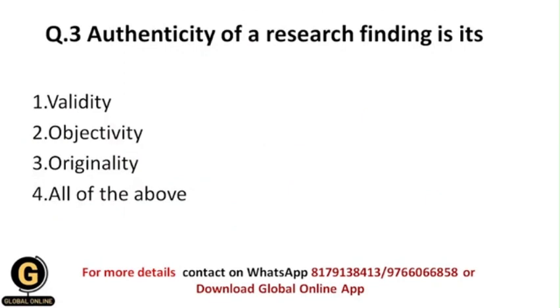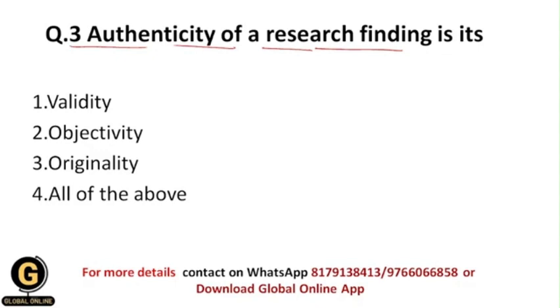Authenticity of a research finding is its. So what is the authenticity of a research finding? Okay, so basically students, authenticity means that we have the proper proof that this particular object or thing is authentic, it is original, it is not copied from somewhere else. Okay, this is called authenticity.